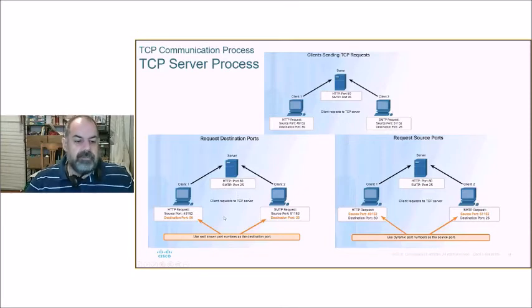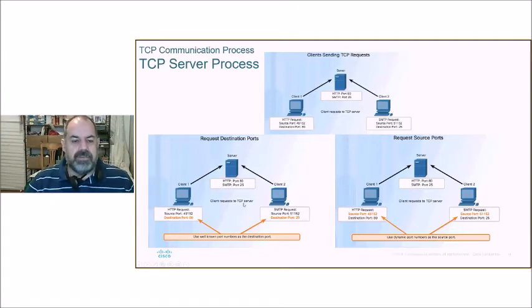This client wants to look at a web page, so the source port is that dynamic number it uses, and the destination port is port 80 to the web server. This host wants to use the email server, so the destination port is the well-known port of 25, and it's again using a dynamic port number.